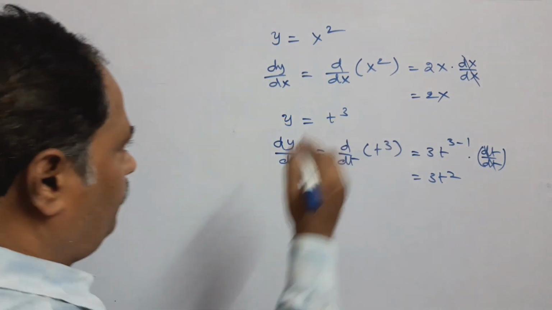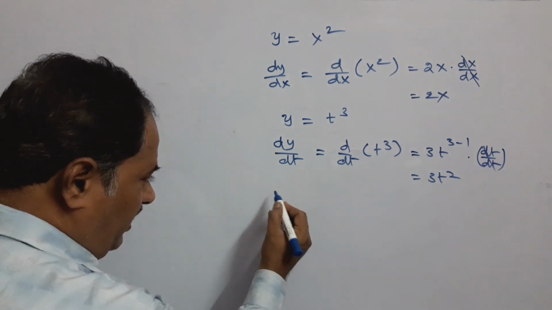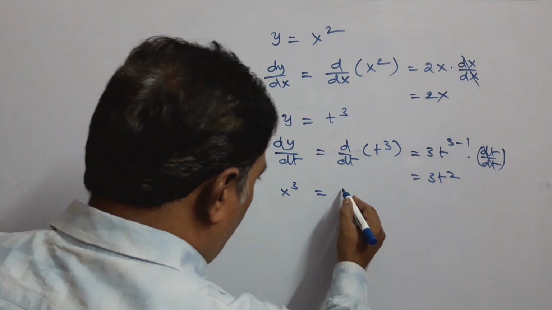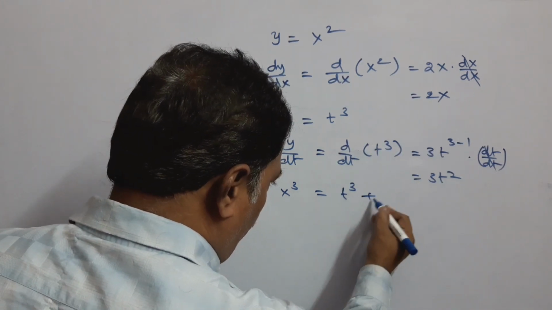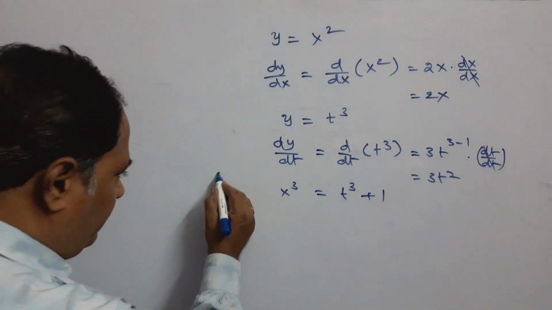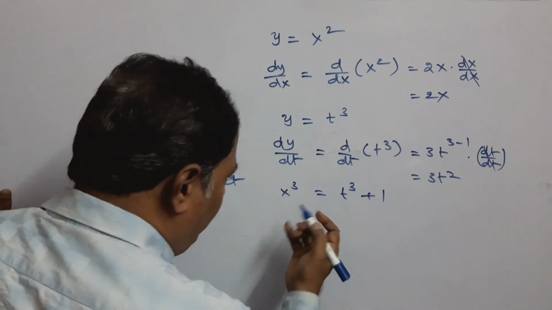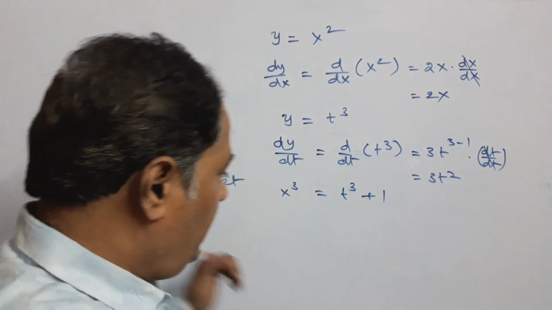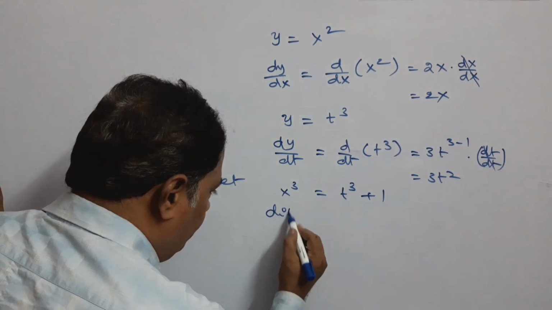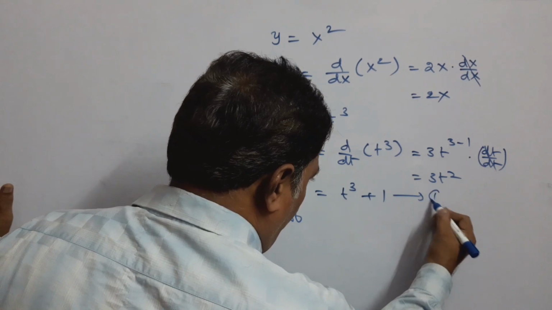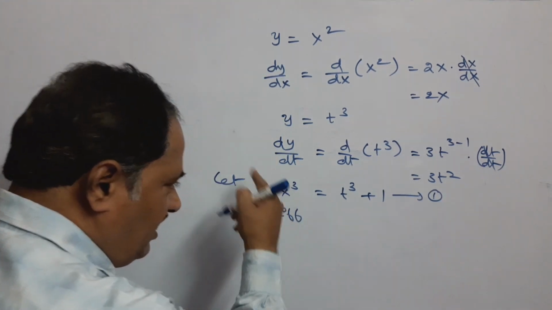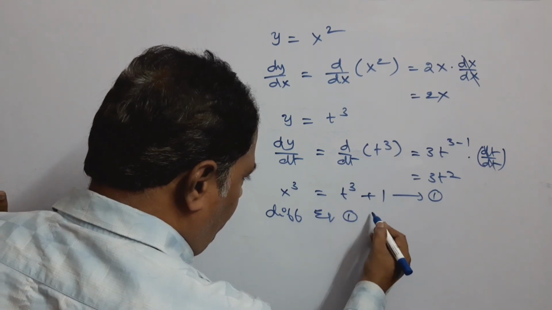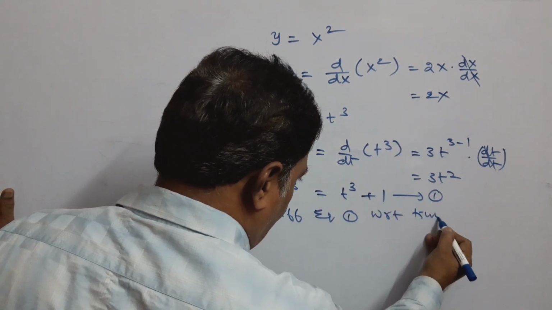But suppose I take x cube equal to t cube plus 1, like this. Let us consider this example. Let x cube equal t cube, and call this equation 1. Differentiate equation 1 with respect to time.